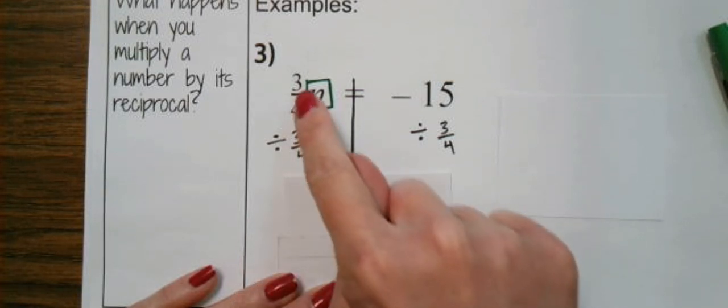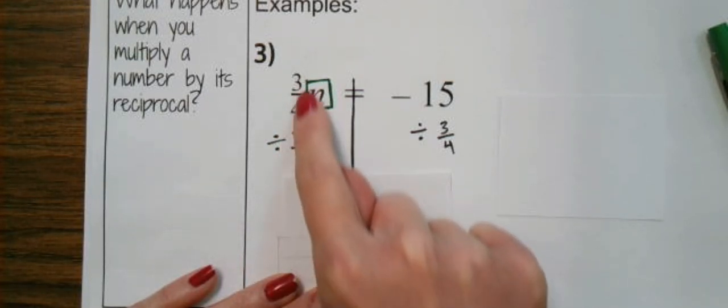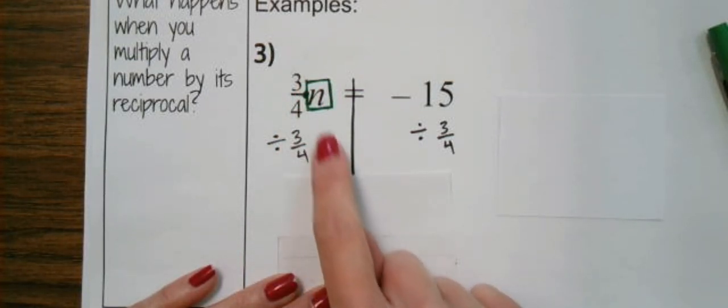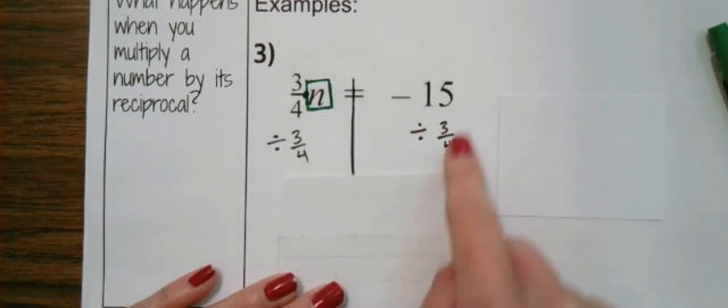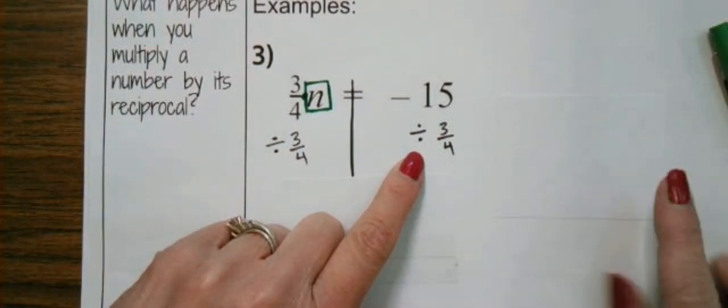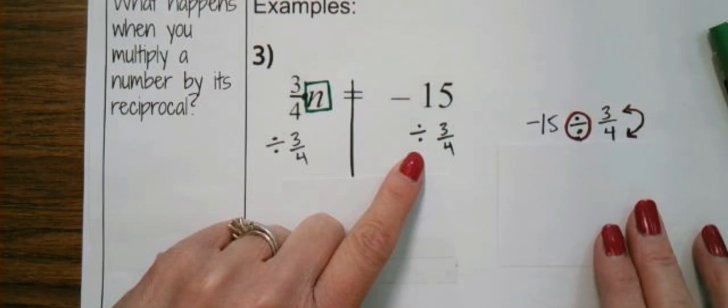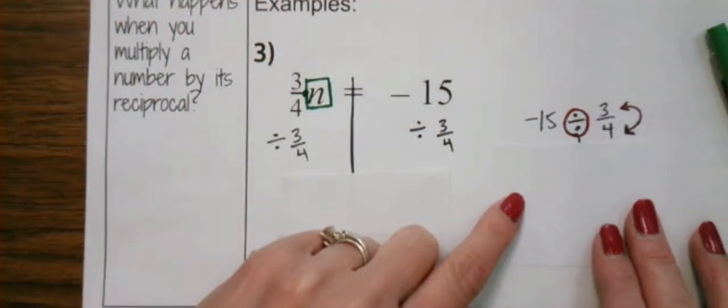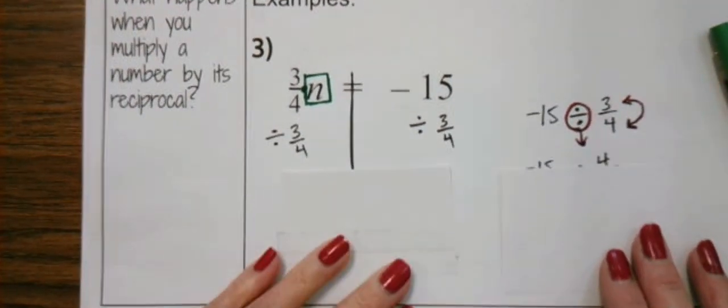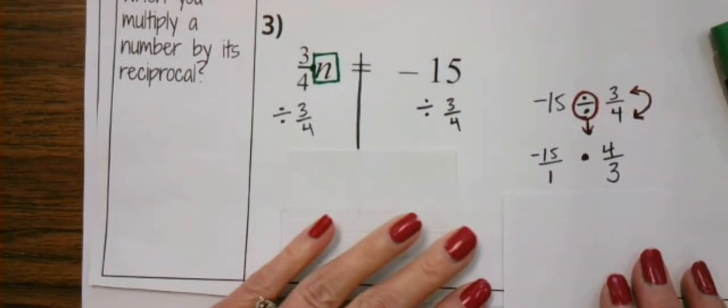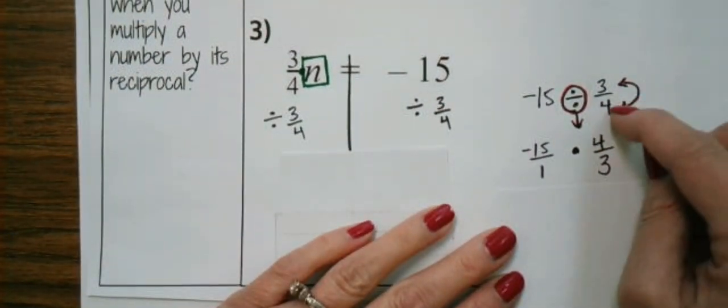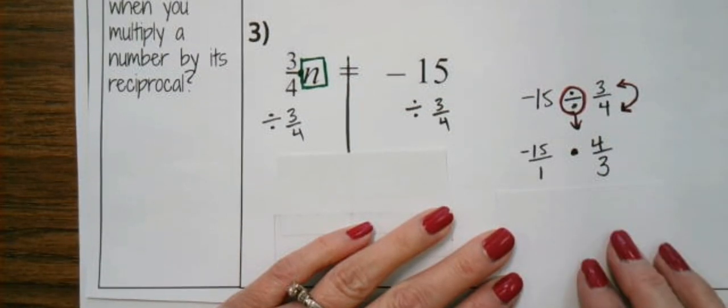But think about this. If I took 3/4 divided by 3/4, of course I'm going to get 1. I'm going to get 1n. I'll have the n isolated. But look over here. I have -15 divided by 3/4. What happens if I do that? -15 divided by 3/4. I would have to change divide to multiply and then flip the second fraction to 4/3.